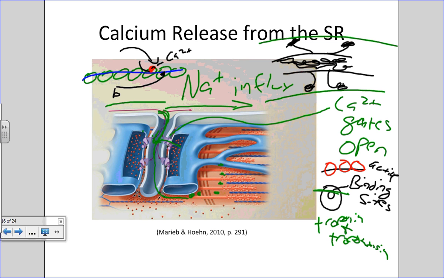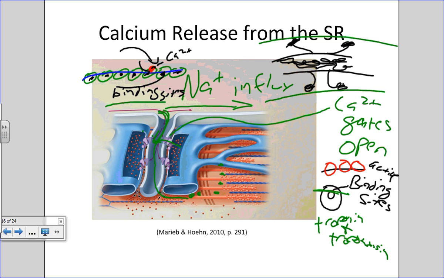So now those binding sites will be exposed. As long as there's enough calcium available within the muscle and it's bound to troponin, these active binding sites are exposed, and we can contract muscle. If we start to run low on intracellular calcium, then that muscle is going to be unable to contract. So you have to keep that in mind.